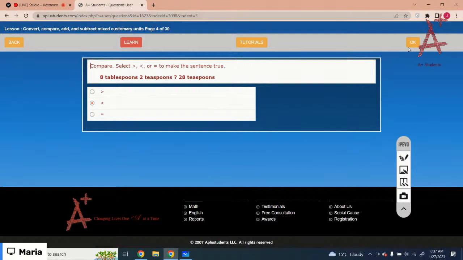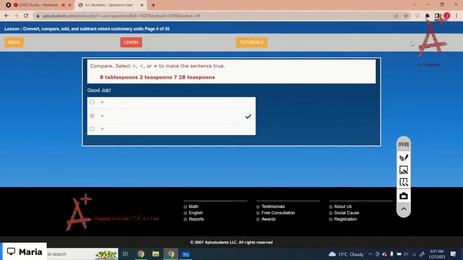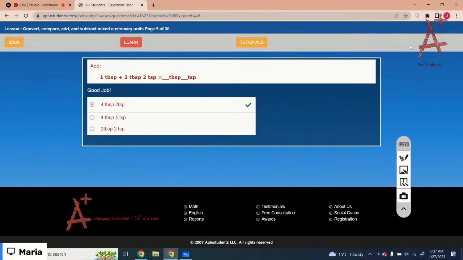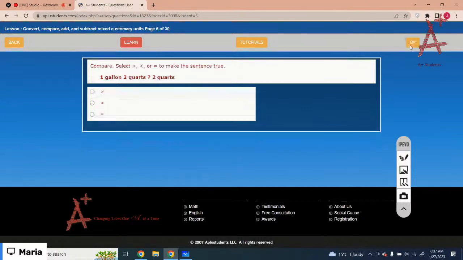Okay, the next one is you have to add 1 tablespoon, 3 tablespoons, 4 tablespoons, and 2 teaspoons. Got it? So option number 1 is the correct option. Okay, the next one is 1 gallon, 2 quarts, and 2 quarts.